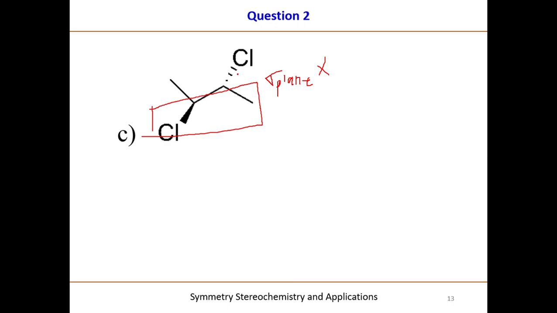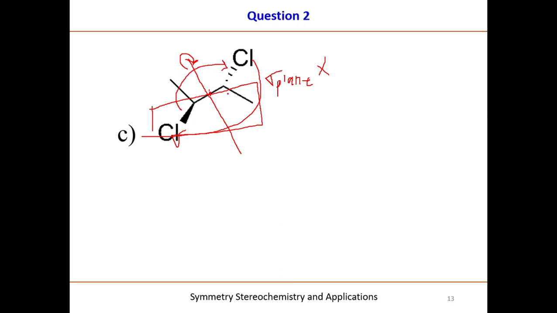Then we will see the axis of rotation here. If we pass the axis from here and rotate this molecule by 180 degrees, we will see this chlorine atom come to the front side, and this one will go to the back side.